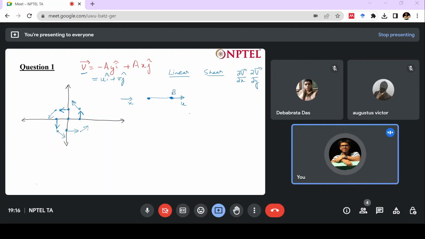Let's say this is point B, and this is point A. This is also going with an x direction velocity of u. Now, after a certain time, let's say delta t, what will happen? B will move forward by a distance ub into delta t, and A will move forward by ua into delta t.